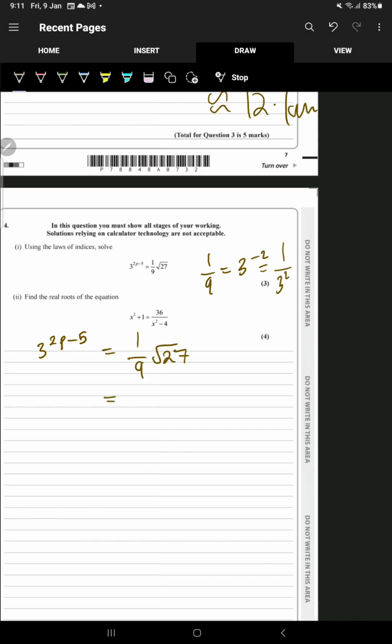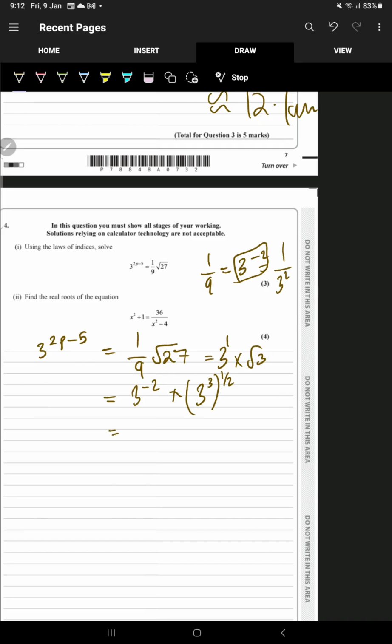So this means that we can write it in this form: 3 to the power minus 2 times root of 27. Well, root of 27 can be written in another form, 3 times 3 root 3. You can do that, or there's another way. You can write 3 to the power of 3, because 3 times 3 times 3 is 27, and take the power of a half.